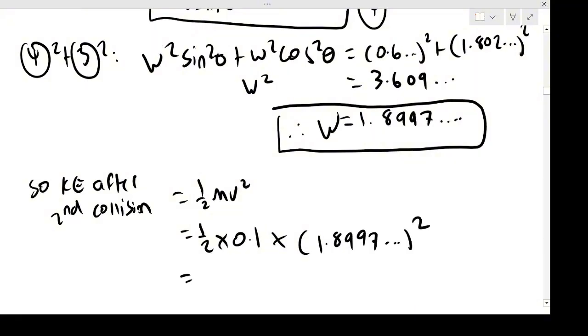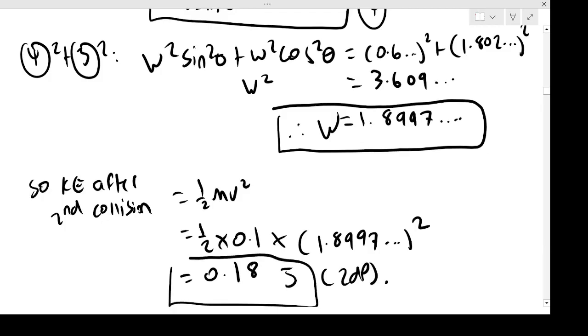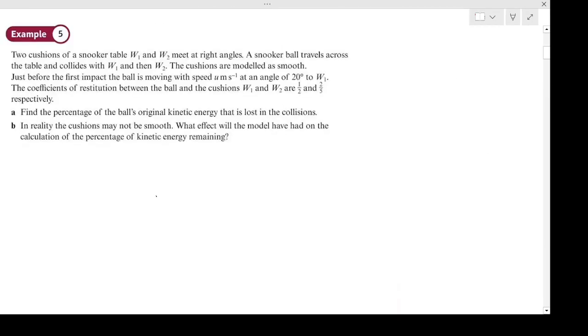So we get the answer of 0.18, and then it's like 0.45, but it's just 0.18 joules to 2 decimal places there, and that is my answer. Okay. Then we got this question here.